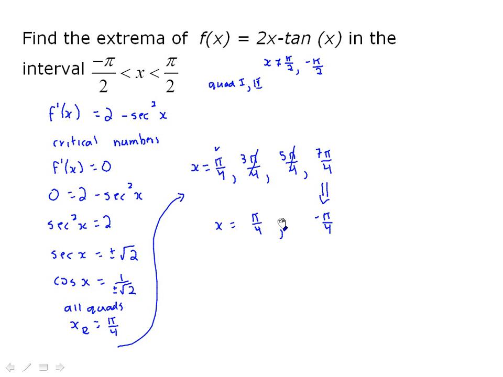So I'm going to bring up another screen, and then let's see what we can do with this one. So for the first derivative analysis, set up our number line.